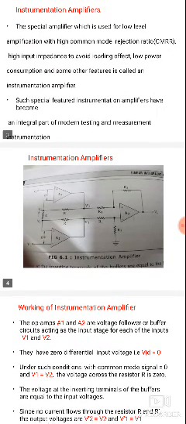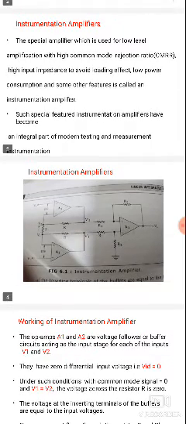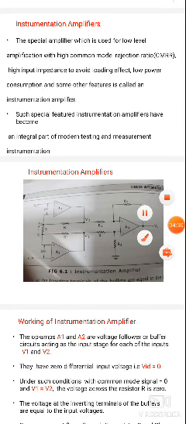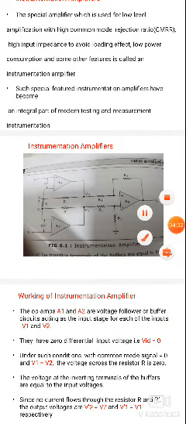It is also suitable for high input impedance to avoid the loading effect, and it uses low power consumption.